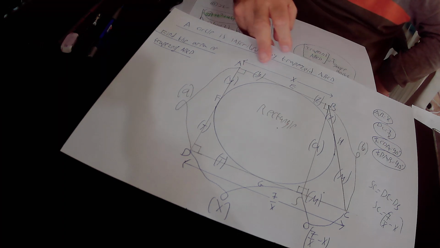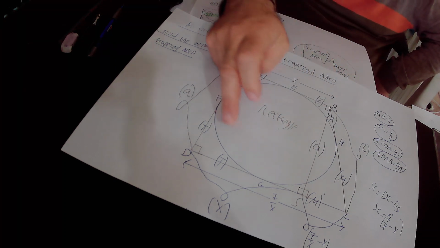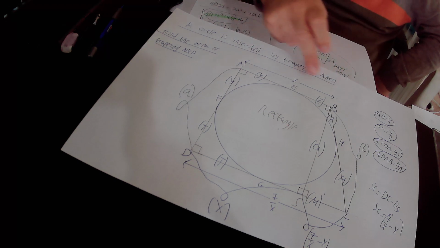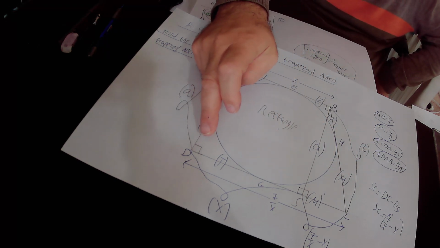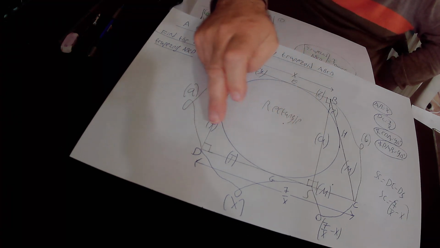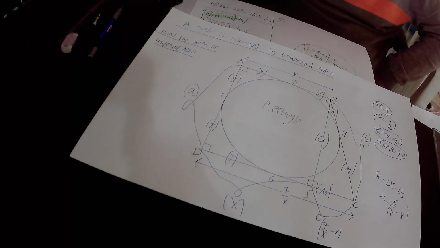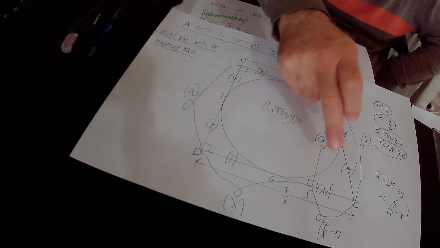That is to say, AB is parallel to DS. If AB is parallel to DS, AB must also be parallel to DC, because if you extend side DS, you will get DC.